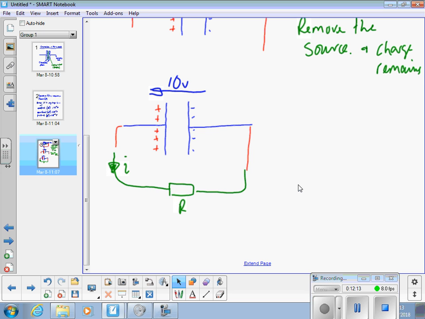Of course, what will eventually happen is all these negative electrons this side will travel around to the other plate, and that'll equalise, that'll discharge down to 0 volts. Again, over time. And that time, as you'll learn next week, is dependent upon the value of the, in both circuits, the time taken to charge and the time taken to discharge is dependent on the resistor value and the capacitor value. Not on the voltage. Okay?